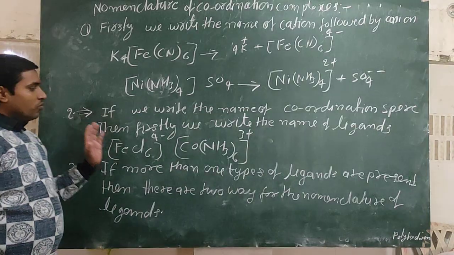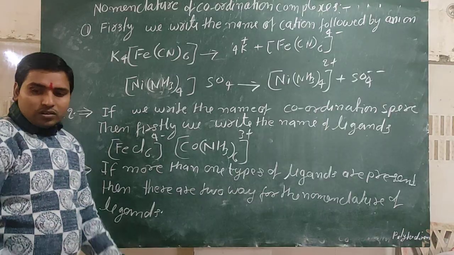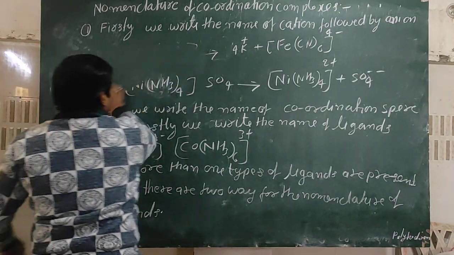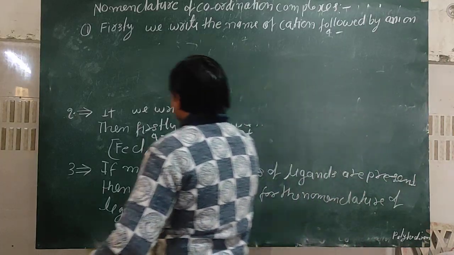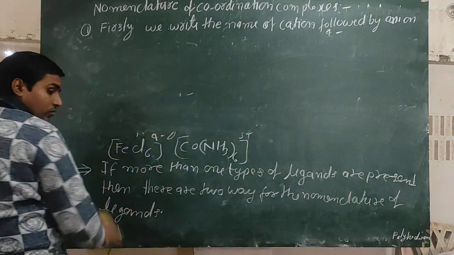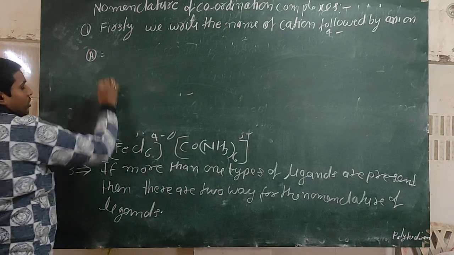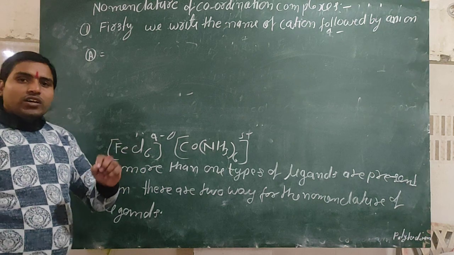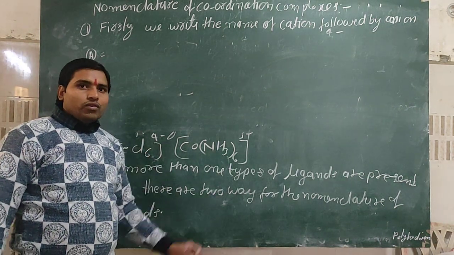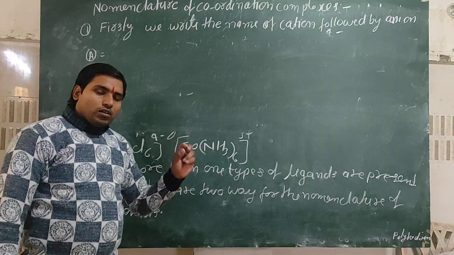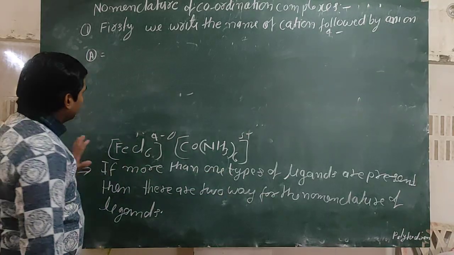Firstly we discuss how we write the name of ligands. The first point is that if a ligand is present more than once and all are similar, then we use the prefixes di, tri, tetra, penta, hexa before the name of the ligand.